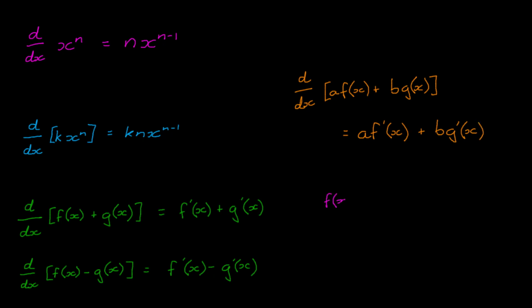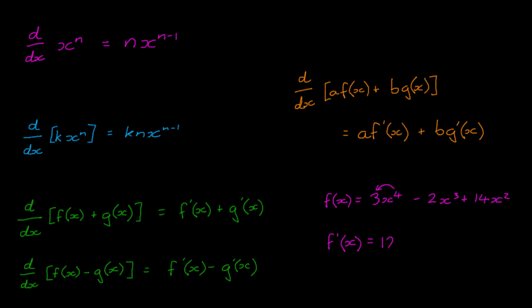What this means for us in general is that if we have any polynomial function, for example 3x to the power of 4 minus 2x cubed plus 14x squared, that we can find its derivative function by considering each term separately. So 3x to the power of 4, we take the 4 and multiply it out the front and drop the power by 1.